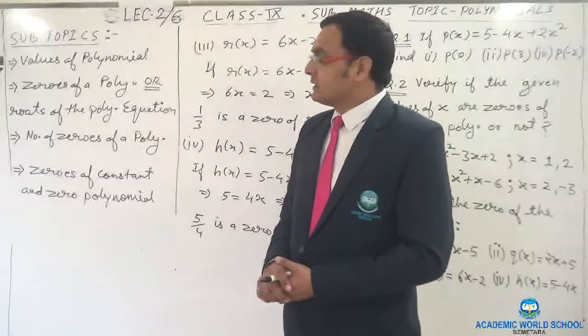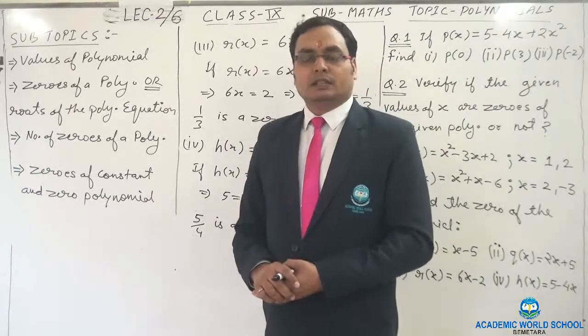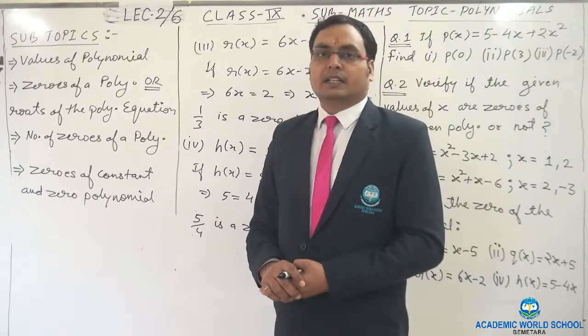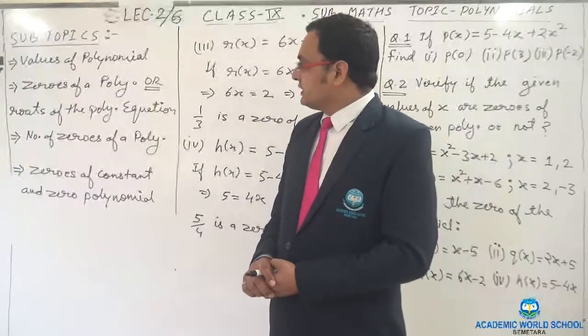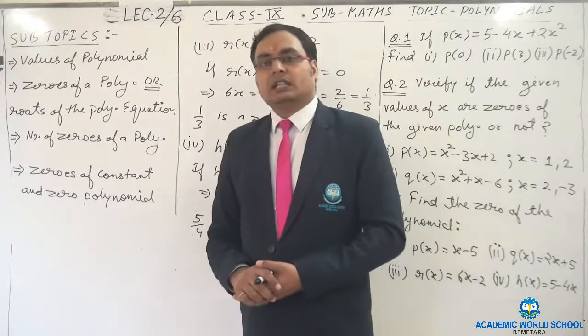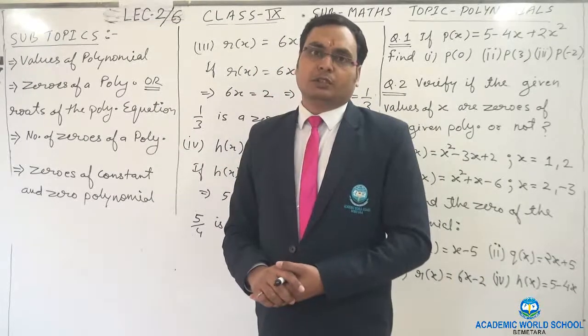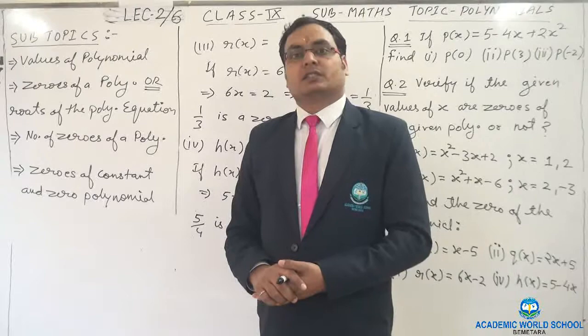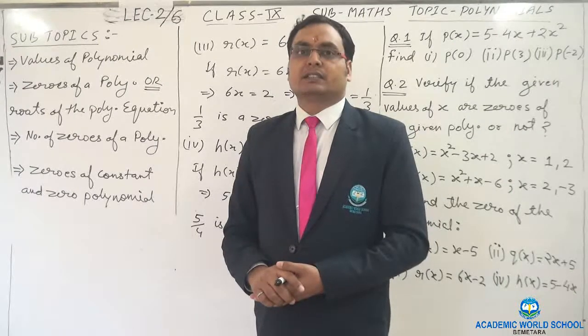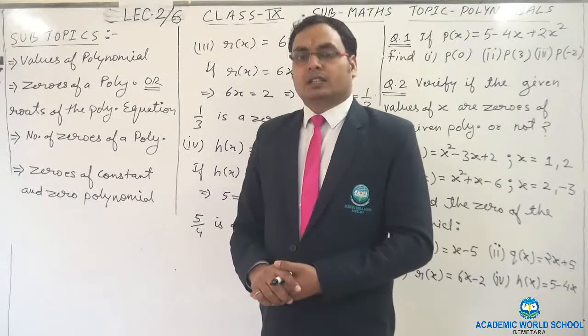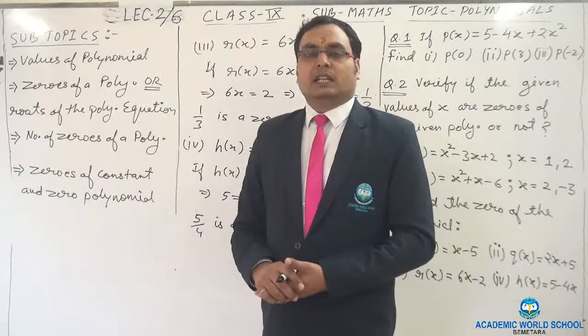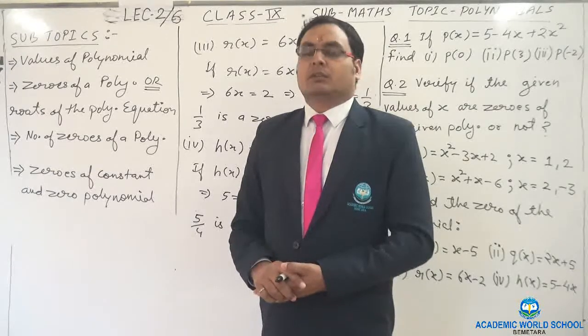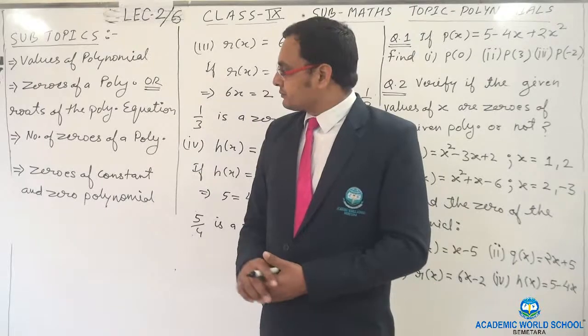If a polynomial is a linear polynomial, its degree is 1, so it has 1 and only 1 zero. Similarly, a quadratic polynomial have 2 zeros and a cubic polynomial have highest 3 zeros. It may have less than 3 also, but never a polynomial will have number of zeros more than its degree.